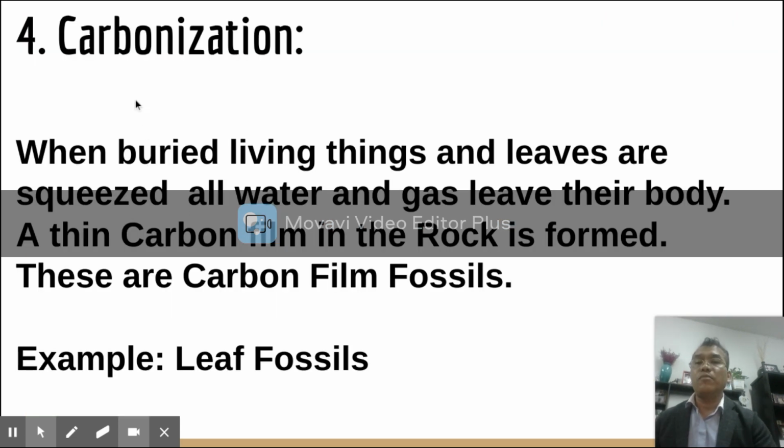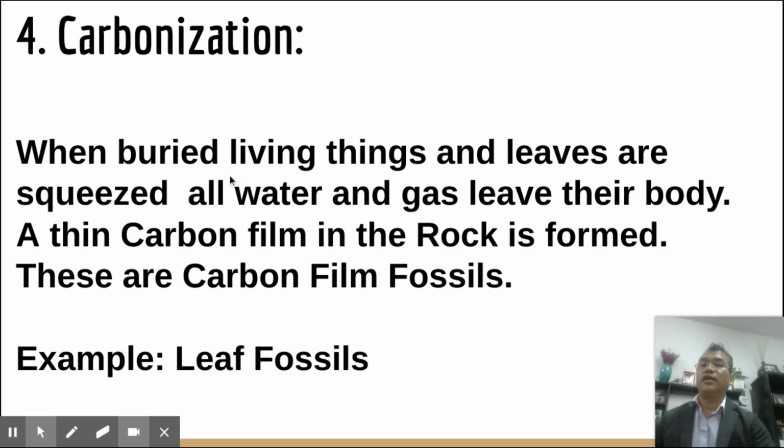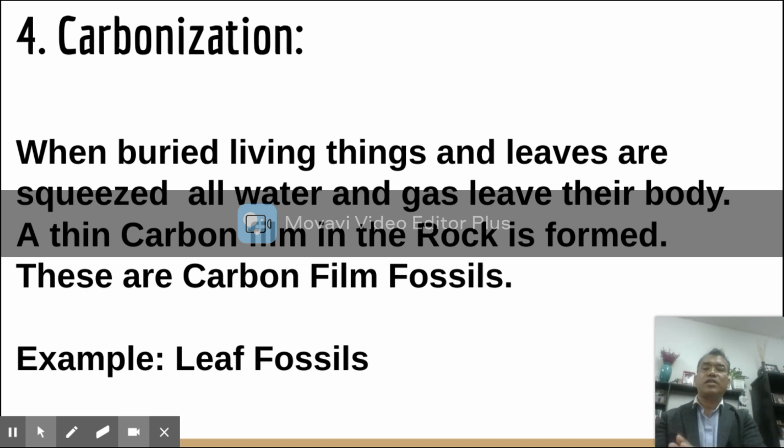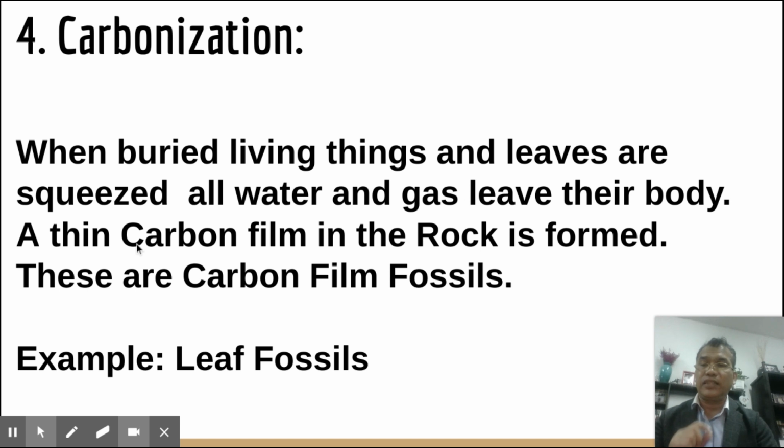That's called carbonization, the process of fossils forming. What it says here is that when buried living things and leaves are squeezed, meaning pressed, all the water and gas leave the body, which means it becomes dry, right? Then a thin carbon film forms in the rocks.